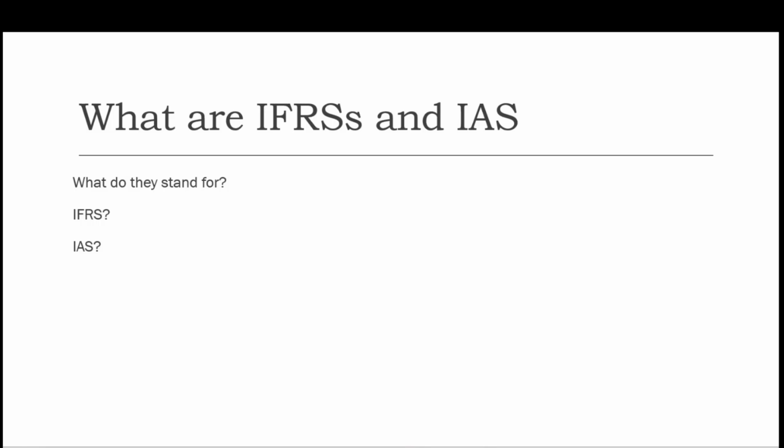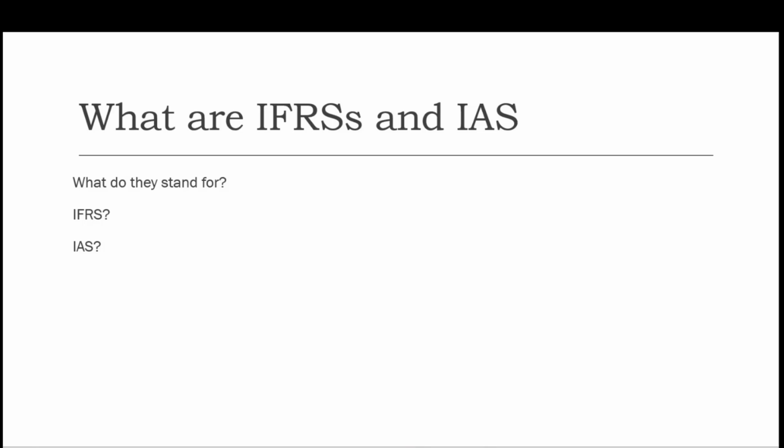Very, very important. The old one was called the IAS, International Accounting Standards. And the new one that has been issued now is called IFRS, International Financial Reporting Standards. So the IFRS is replacing the IAS. We have IAS 16, which tells us how to account for property, plant, and equipment.